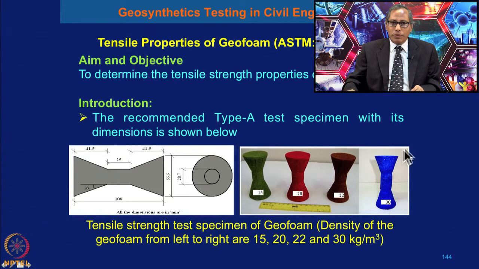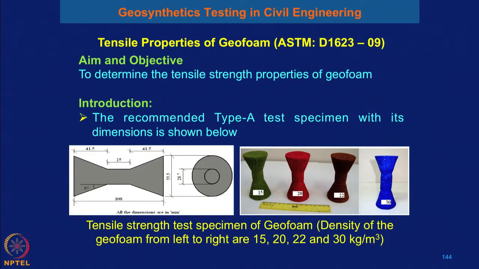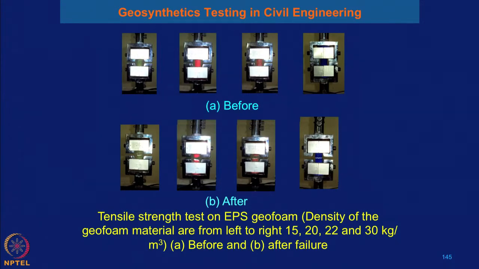On the right hand side I have shown different colors, because for different densities of the EPS geoform material, this is 15 kg per meter cube, this one 20 kg per meter cube, this is 22 kg per meter cube, and this is 30 kg per meter cube of the geoform material. I will show you the different types of tests of the EPS geoform and what kind of failure of the EPS geoform may occur.